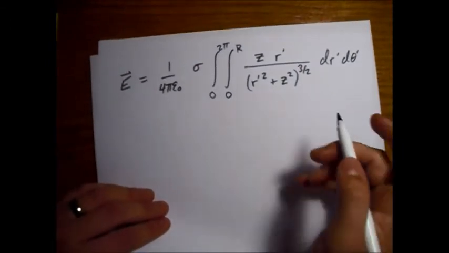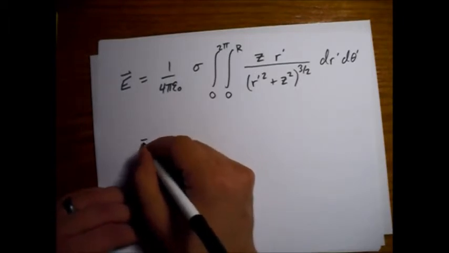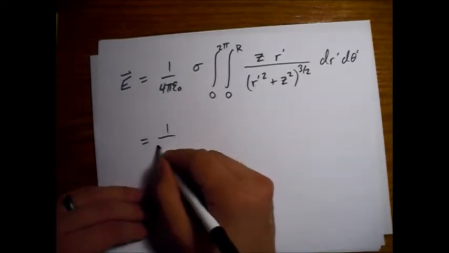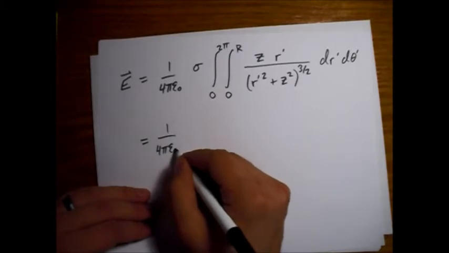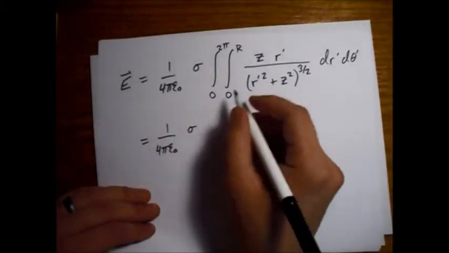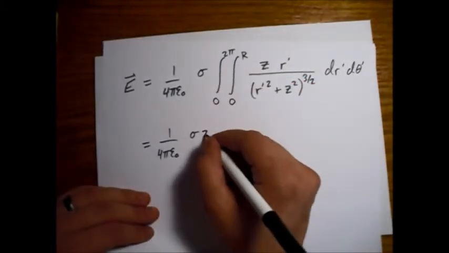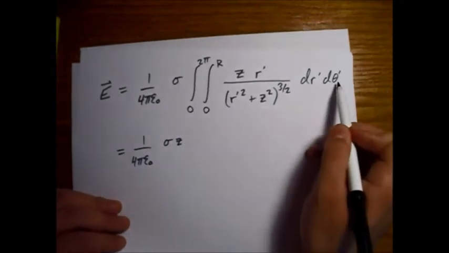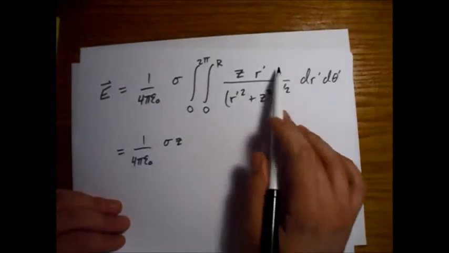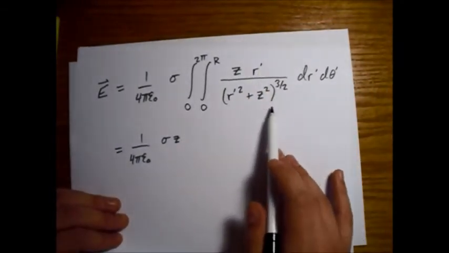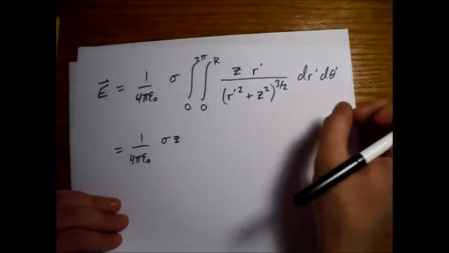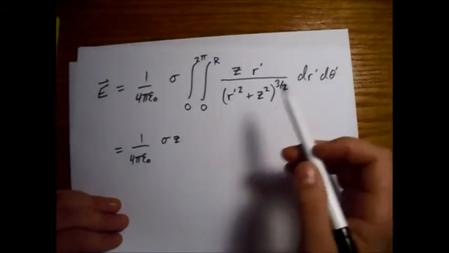So we can do some of this. We have a 1 over 4 pi epsilon naught. We have a sigma. I'm going to bring the z out. Let's go ahead and do the theta integral, because we notice there are no thetas in this integrand. So we just get 2 pi for this theta integral.